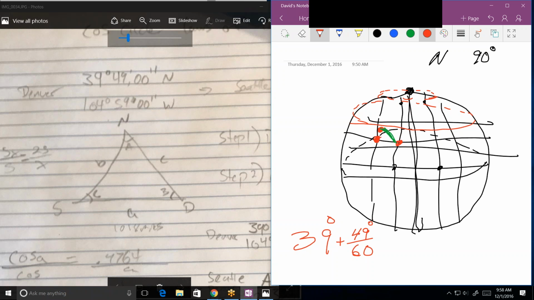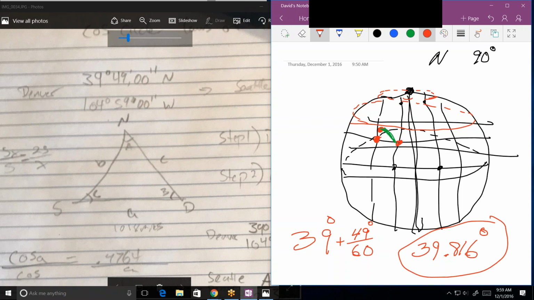If I divide 49 by 60, I get 0.816. So Denver's longitude is actually 39.816 degrees.